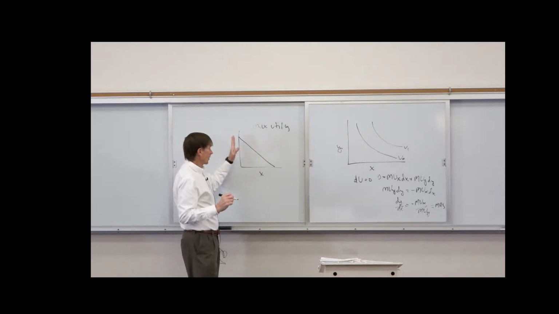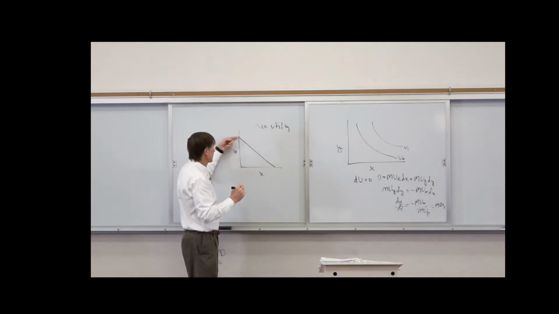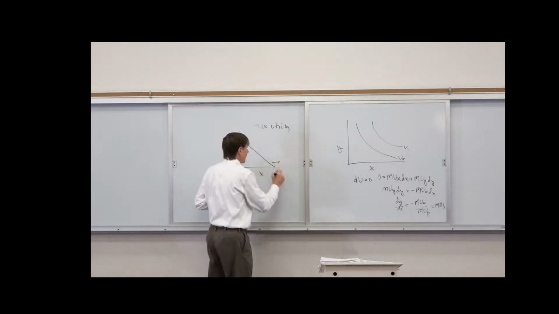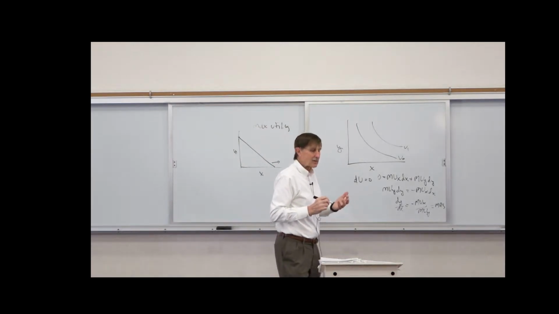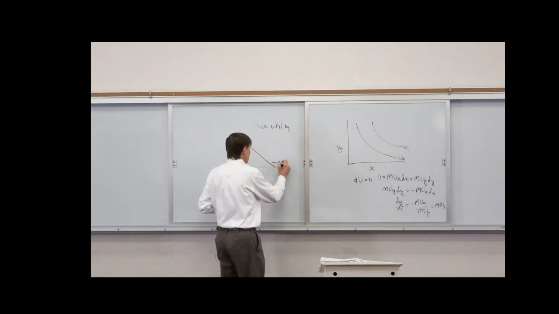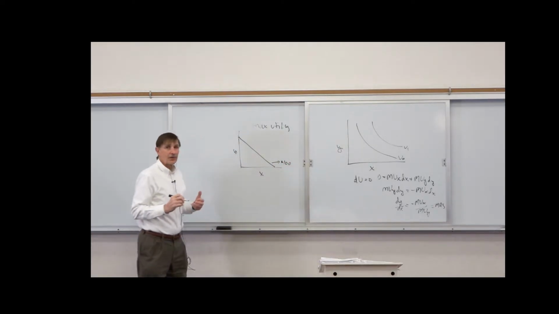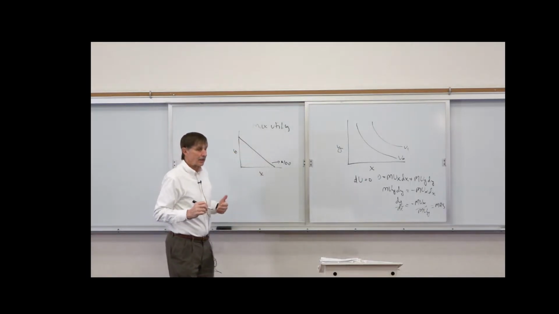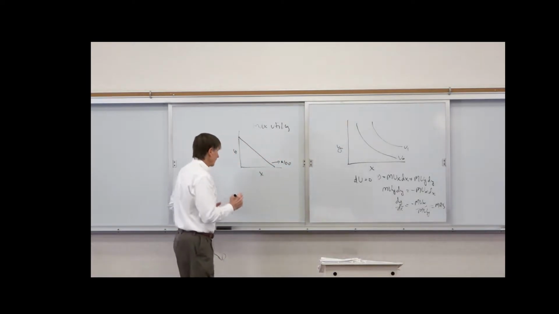If we spent all our money on Y, we'd end up with this much Y and no X. This is some sort of budget, how much money you have. Let's say it's $100. Given the price of X and the price of Y, how much you can buy is along there.